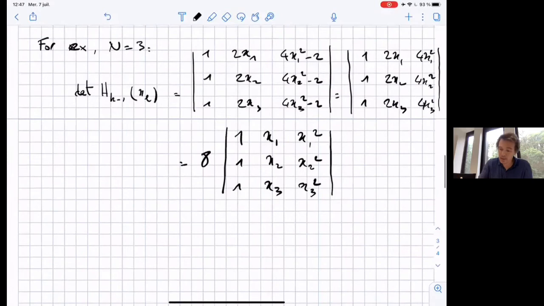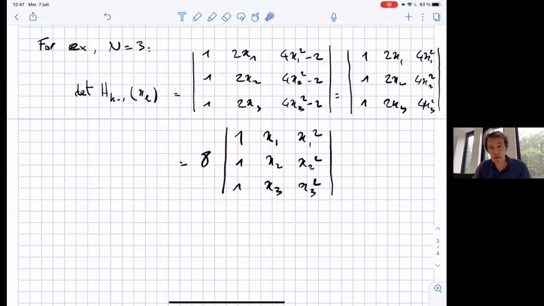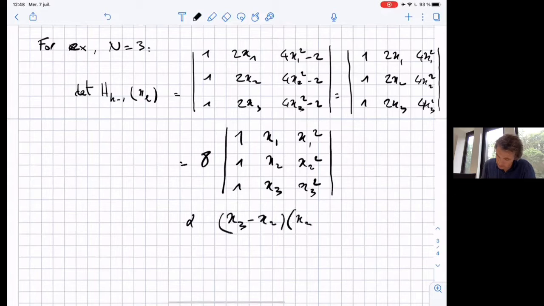But now you recognize an object that we have encountered before, because this is precisely a van der Monde determinant. Okay, and indeed, we have already seen it before, but basically this guy is just proportional to (x3 minus x2)(x3 minus x1)(x2 minus x1).